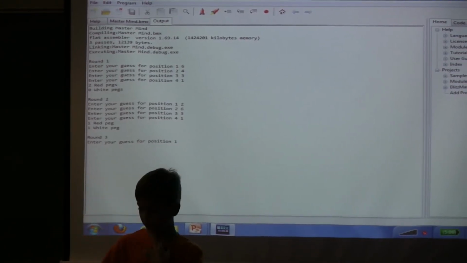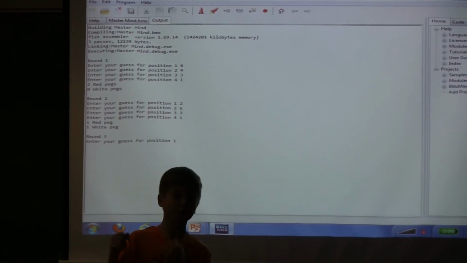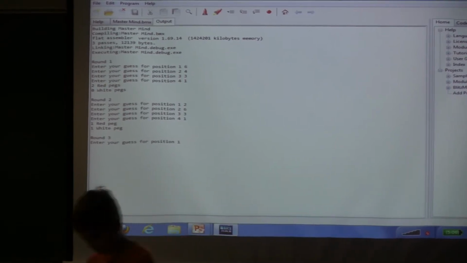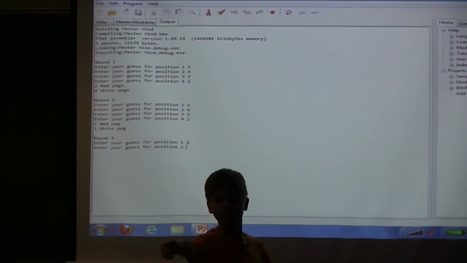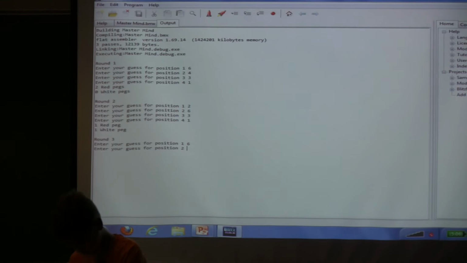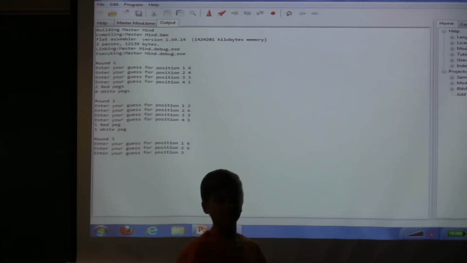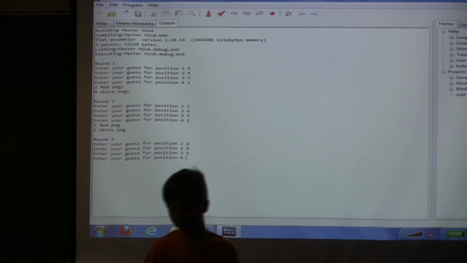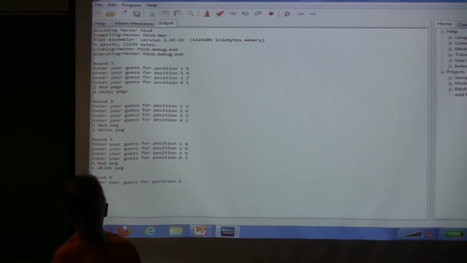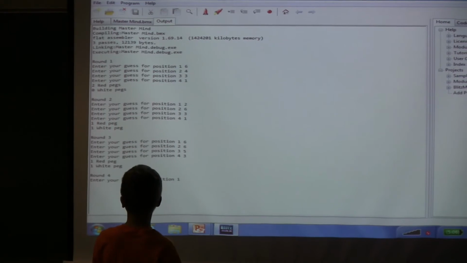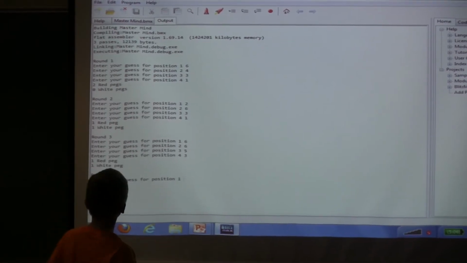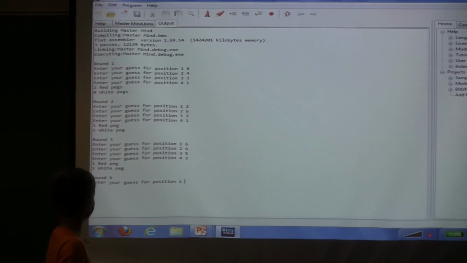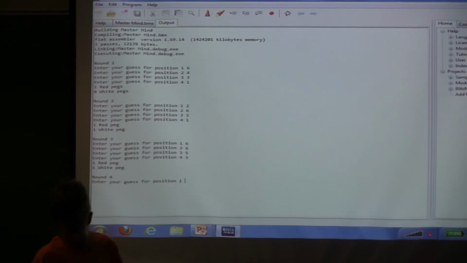Yeah, it's probably 6 for the first. Okay, we got 1 red peg and 1 white peg. So it's probably 6 and maybe like 1 or 3 probably.